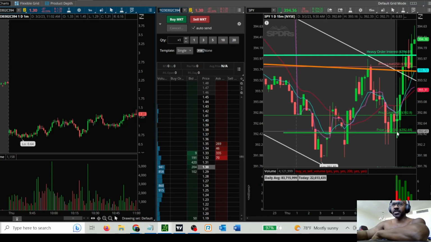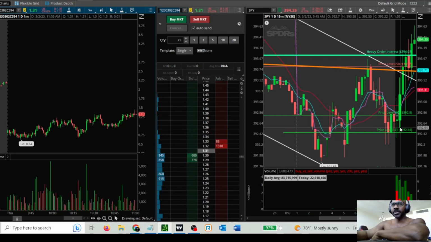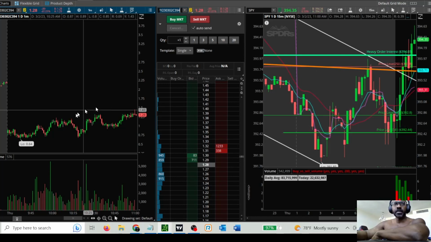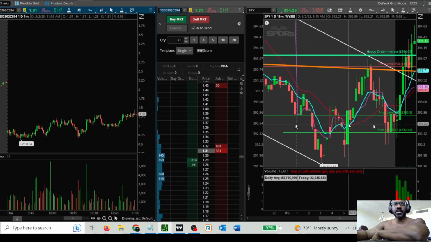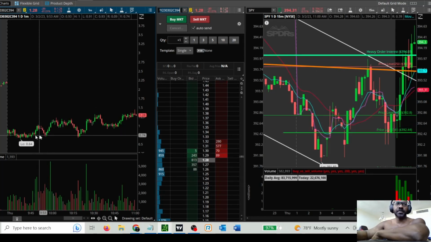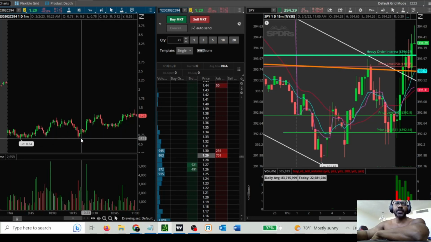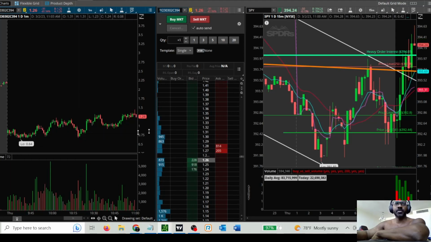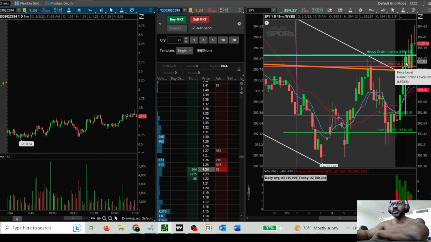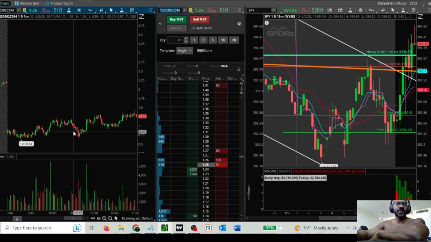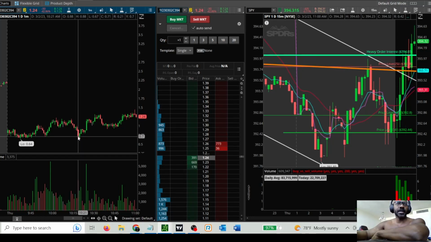Could have taken this test of that here, or at the very least a retest here, which I think was this one. I don't remember, it doesn't matter. Point is, here, here, or here, could have gotten in, and this was the strong sell-off here. This was the 10-15 candle. This is the one that pushed down really hard when I was on the phone, and this would have been a good spot to get in at 70.